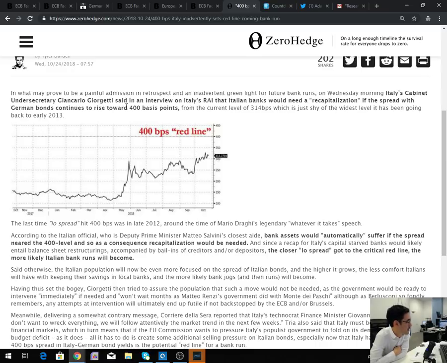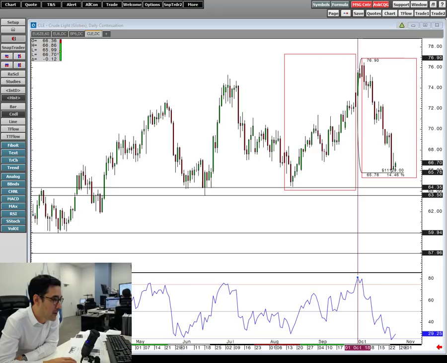And so as a consequence, recapitalization would be needed. This obviously would require balance sheet restructurings, bail-ins, creditors and depositors. This would cause a severe bout of selling pressure on Italian assets, which then, I think, and only then, would become a point where the ECB's got to start changing things up a little bit.